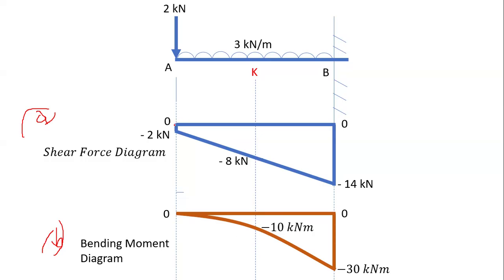For the shear force, we said we had 2 values. We had 0 and negative 2. Everything in kilonewtons.